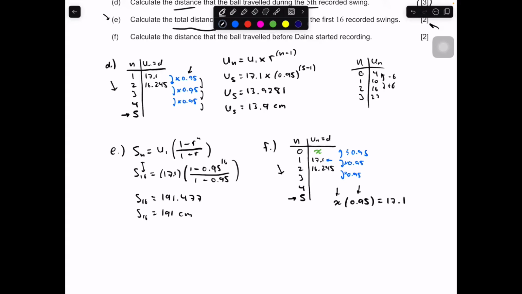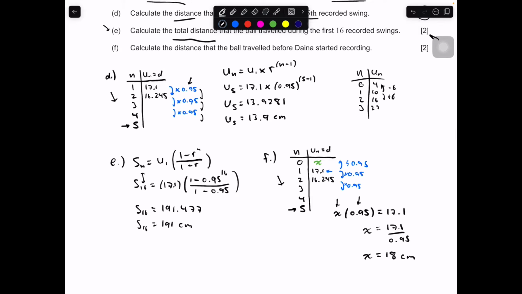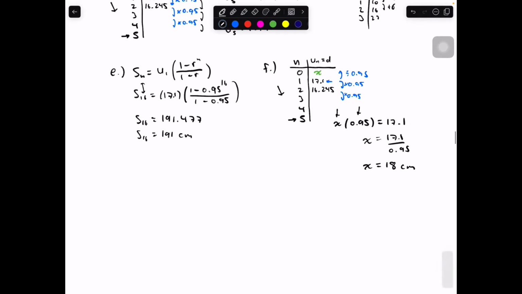We multiplied it by 0.95, and then it became 17.1. And so this works out to be the exact same as 17.1 divided by 0.95. So I'm actually just going to work that out on my calculator here. Divided by 0.95, and it gives us a clean value, actually, of 18. Okay, 18 centimeters. Calculate the distance that the ball traveled before Dana started recording. 18 centimeters.